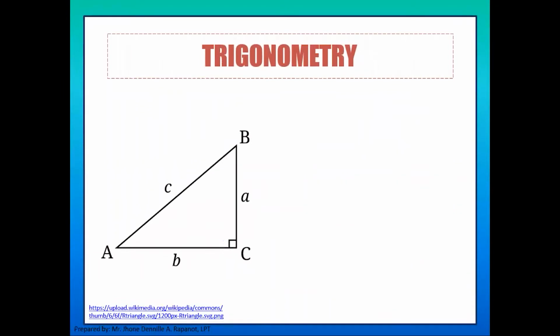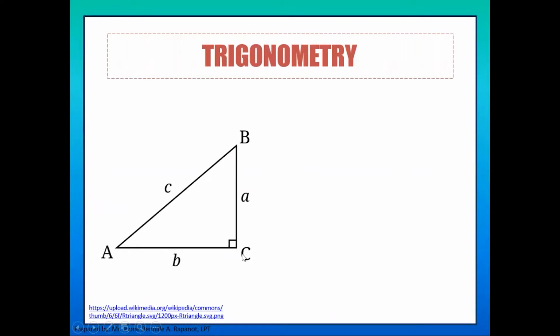By merely looking at this illustration, we can actually say that there are letters, and these letters represent sides, points, as well as the name of a given triangle. So the name of this given triangle, as pointed by the cursor, is triangle ABC.